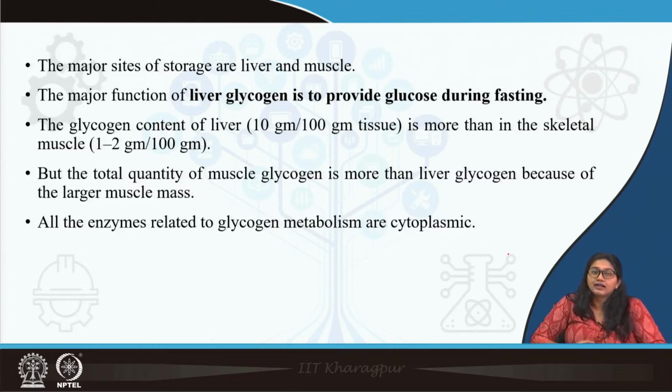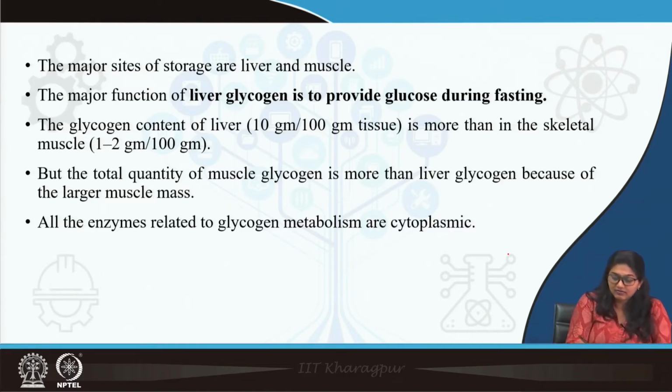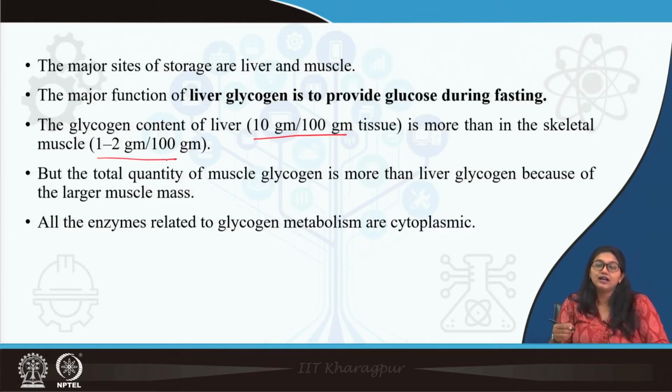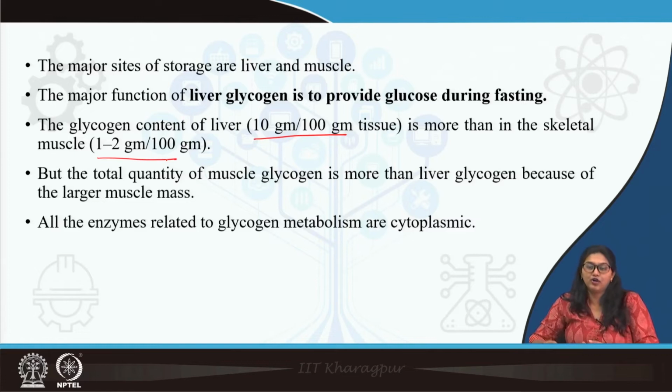Now, the glycogen content of liver is much more than skeletal muscle. But ultimately the total amount of glycogen is more in skeletal muscle. Why? Because skeletal muscle tissue is more abundant in our body.